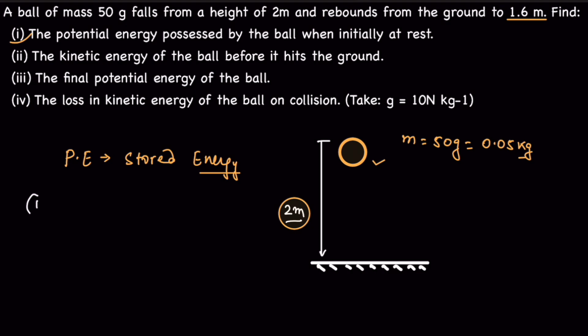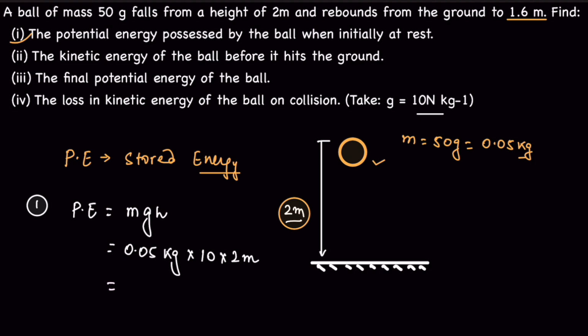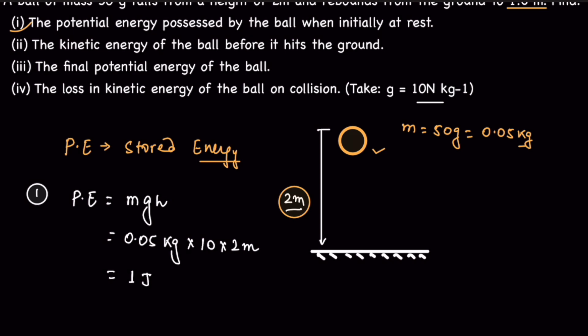So for the first question, the potential energy formula is mgh. Mass is 0.05 kg, g we can consider 10, and the height is 2 meter. So we can say that it is equal to 1 joule. So this is the answer for the first part.